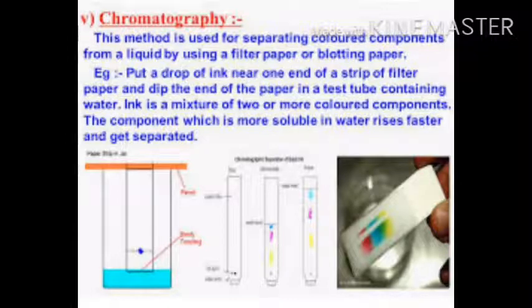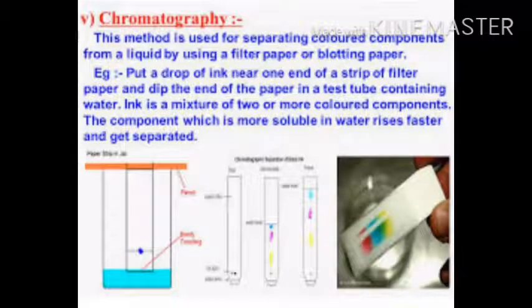This method was first discovered by Tswett, a Russian botanist, in 1906. This technique was first used for separation of colored substances, plant pigments, and hence the name chromatography was given. Chroma is Greek for color and graphy means writing.